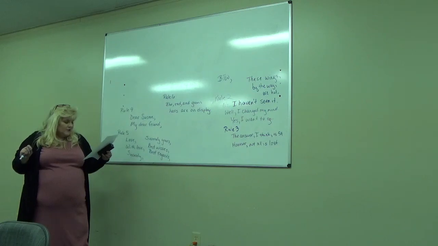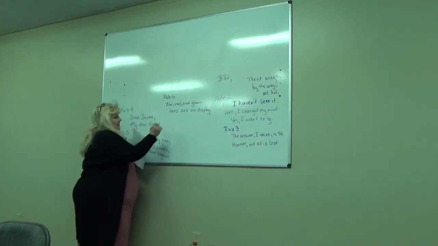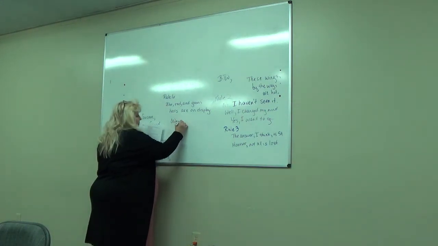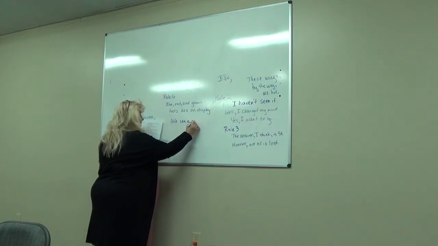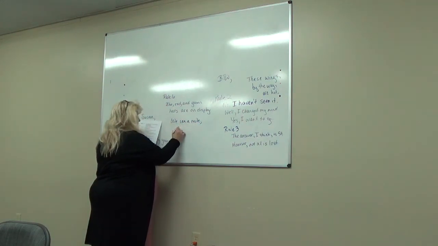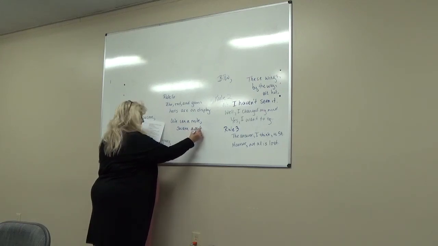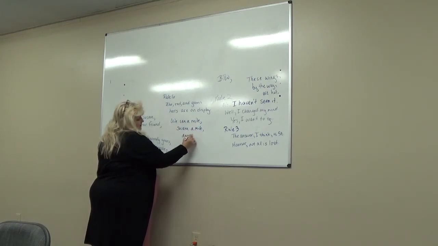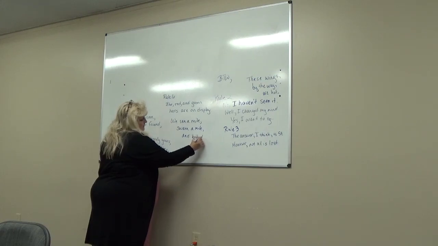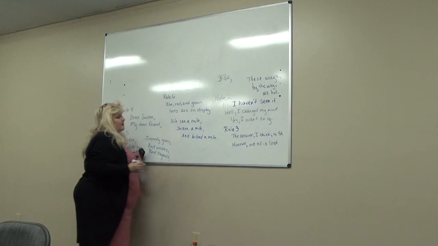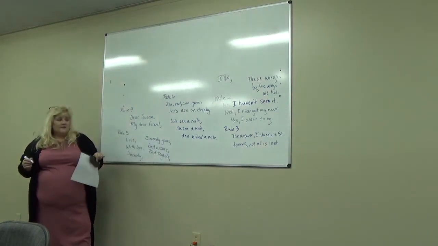So it also works if it's a phrase. Like if I say, we ran a mile, swam a mile, and biked a mile. Okay? So it can also work with a list of items, okay?